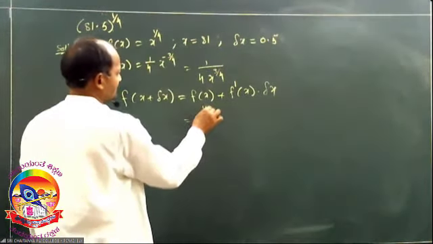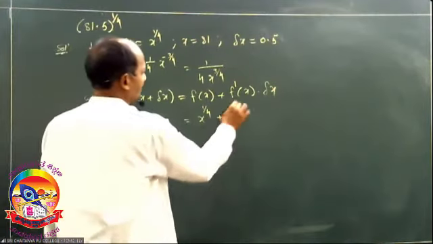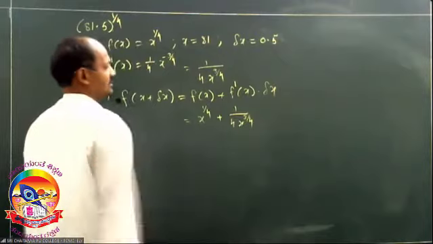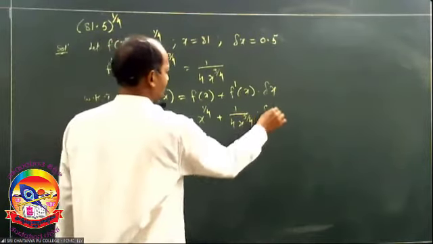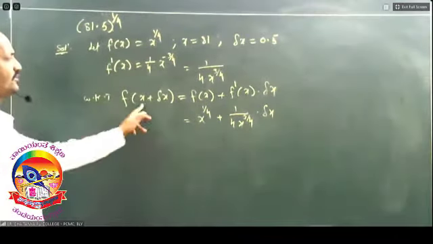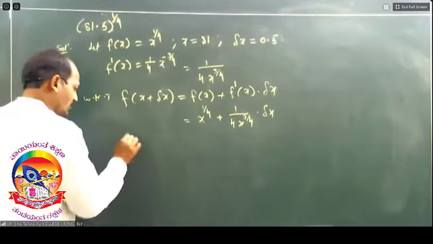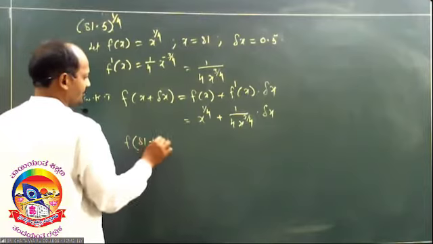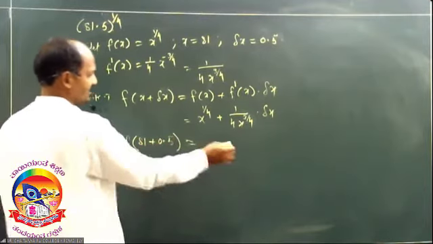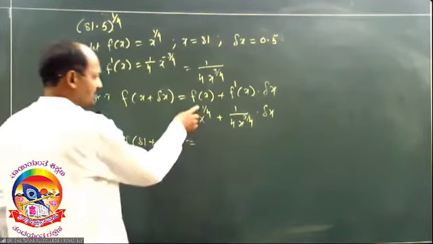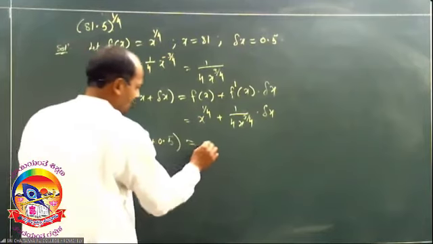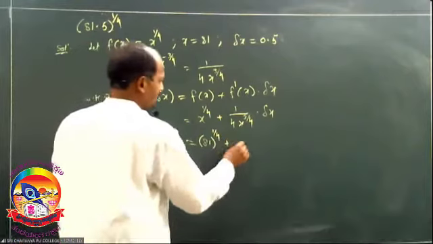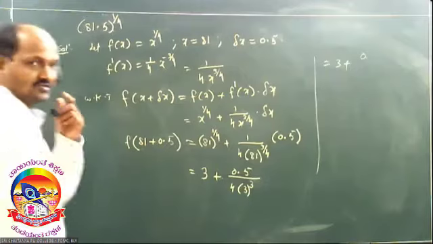Fourth root of x, and its derivative is 1 divided by 4 x power 3 by 4 into delta x. It is f of x plus delta x. What about x and delta x? It is 81 plus 0.5. So x power 1 by 4, that is 81 power 1 by 4 plus 1 divided by 4 times 81 power 3 by 4 into 0.5.